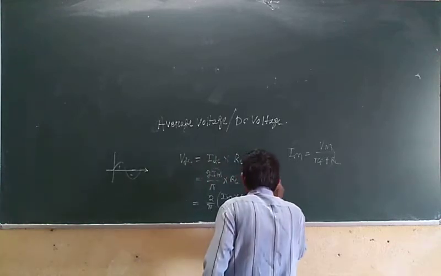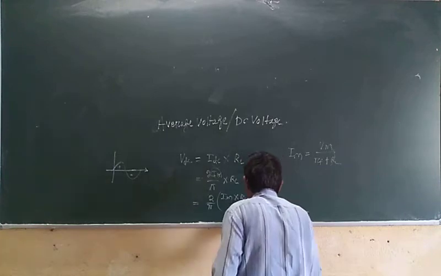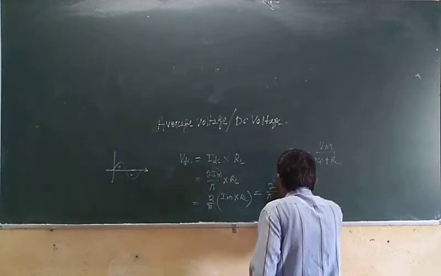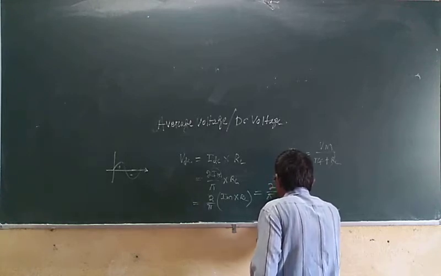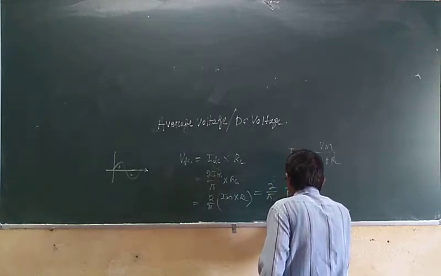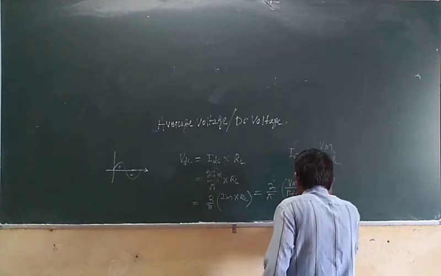Now that is equal to 2 divided by pi, Im means VM divided by RF plus RL, into RL.